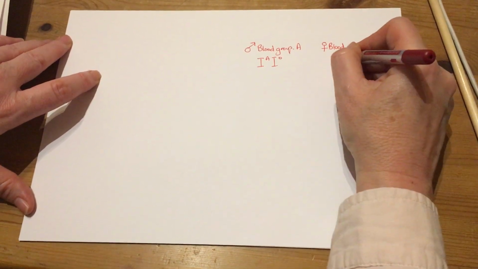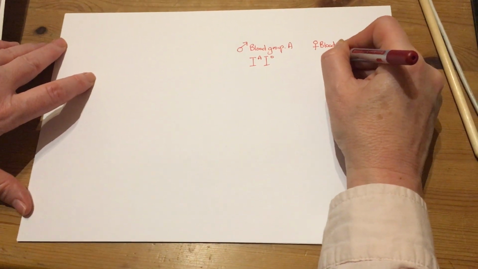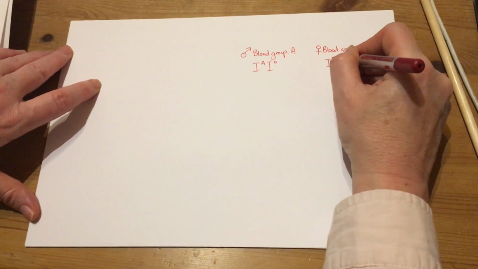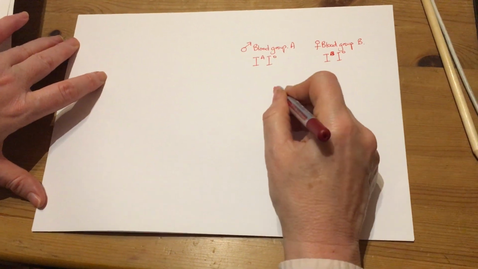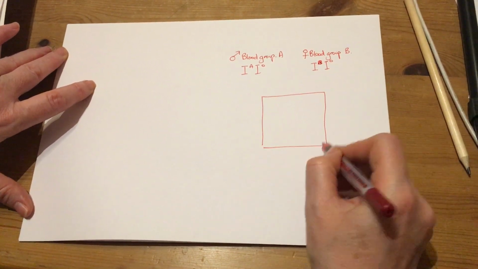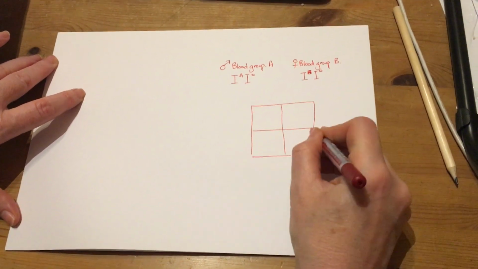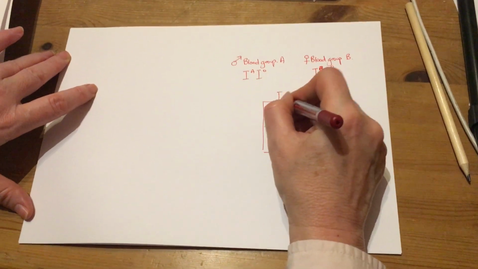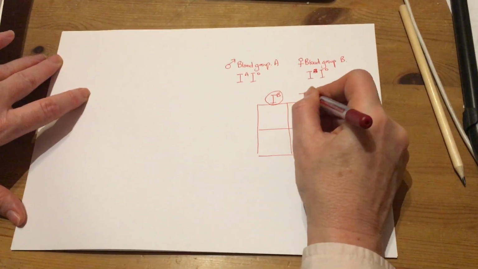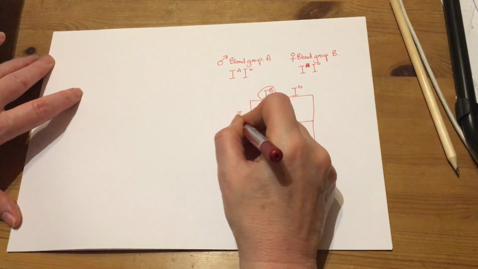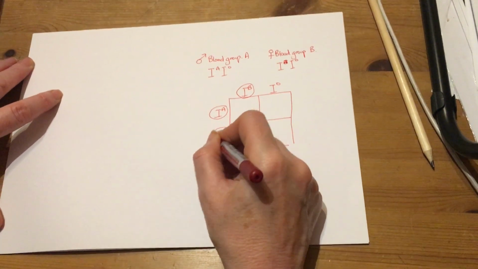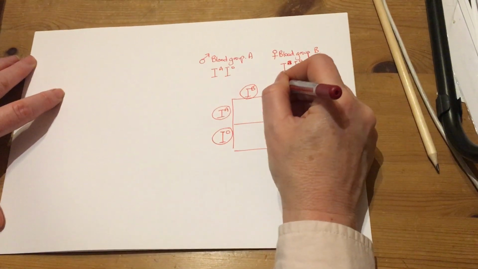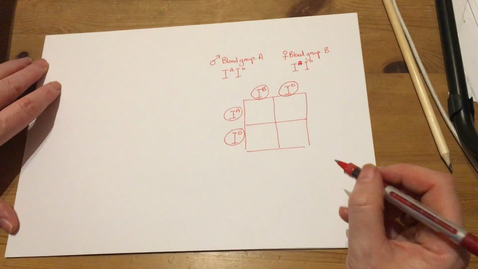We'll give them both a heterozygous genotype. Let's give them some children. Mum's alleles at the top here. Dad's down the side in circles because we are showing the examiner that we understand that they are gametes.